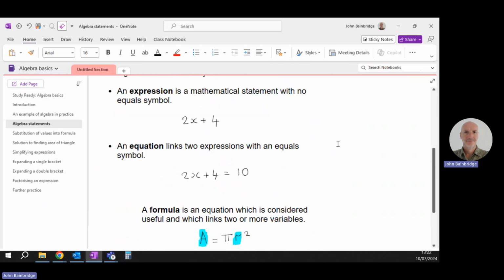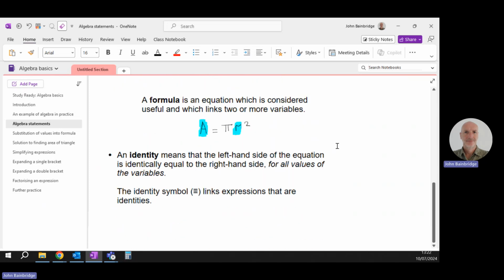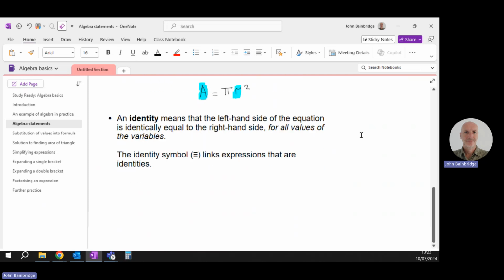Okay, so we've got an expression, an equation, and the third type of algebraic statement is called an identity. This is, in a way, a special type of equation where the left-hand side of the equation is always identical in value to the right-hand side. Let me give you an example of that.